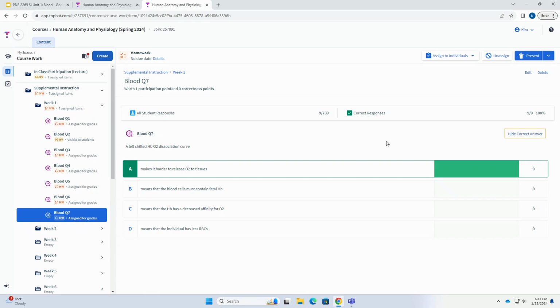Yeah, so nice. First C, that one would then be a right shift. If you have a decreased affinity for oxygen, you need a higher percentage of oxygen in the plasma to reach the same amount of saturation.